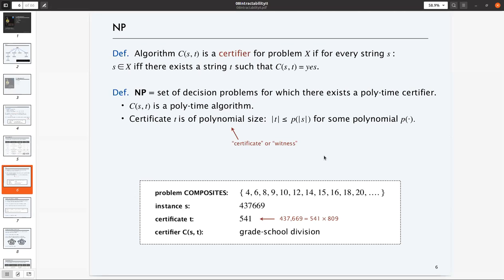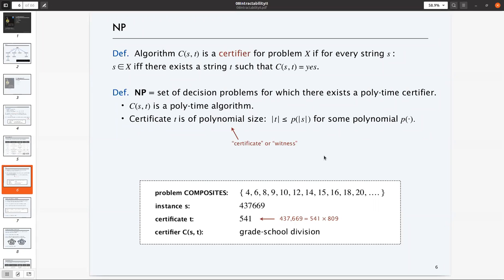But if the number was composite, there exists some certificate: you can give some non-trivial factor, and you can verify this in polynomial time. If verifying takes exponential time, then this makes no sense. So you can verify that problem in polynomial time.